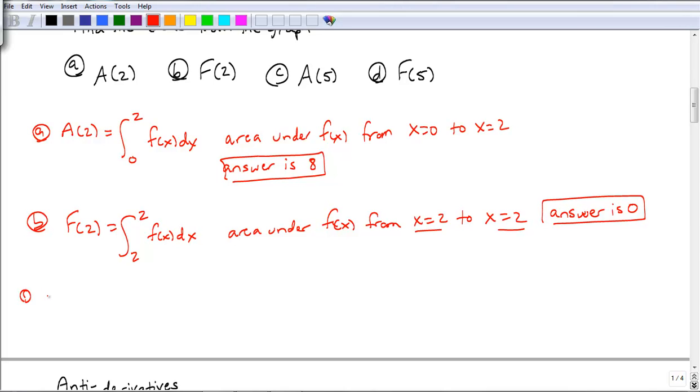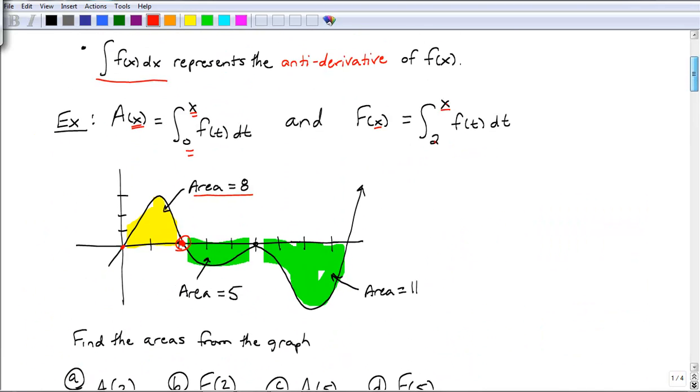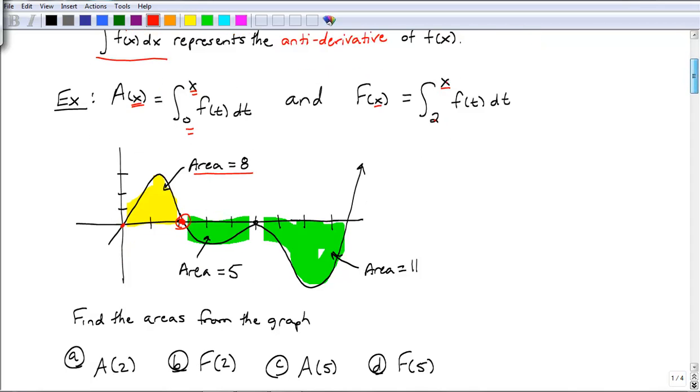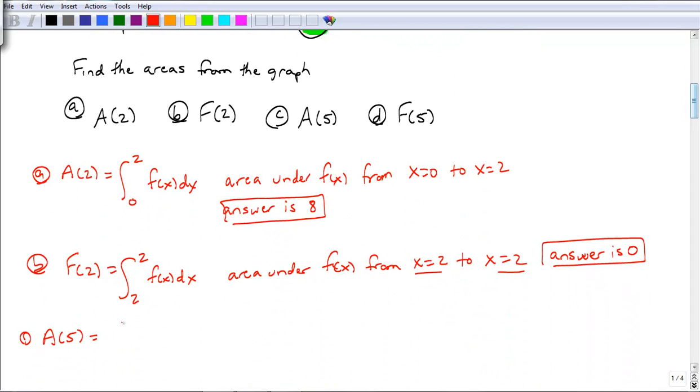Now let's look at A of 5. If you look at the function, A goes from 0 to x, but I'm replacing my x's with a 5. So A of 5 is the integral from 0 to 5. And that's the area under f of x from x equals 0 to x equals 5.